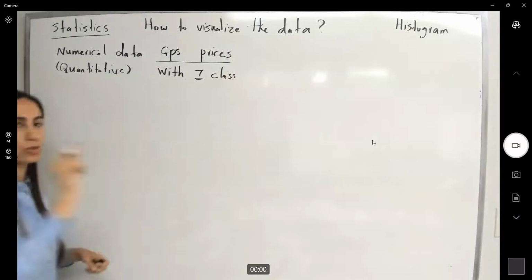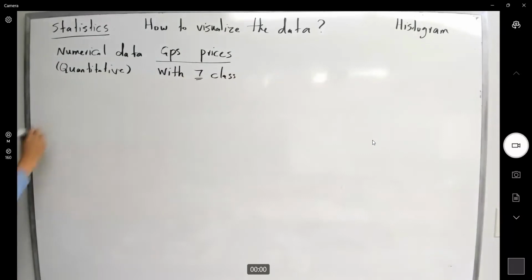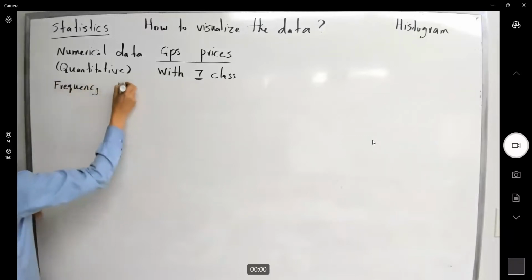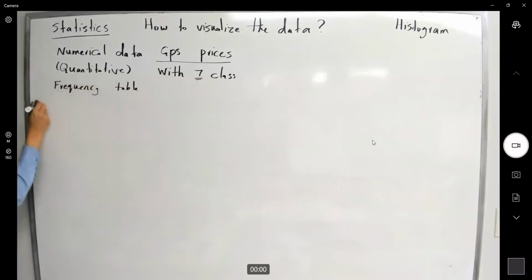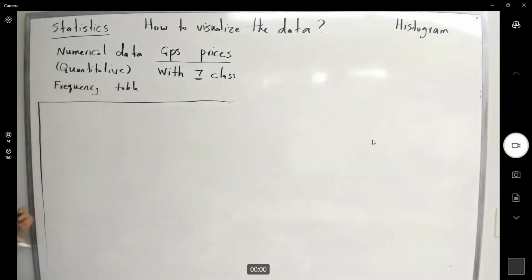The question says you're going to use 7 classes, so we already know we have 7 classes. So let us start forming the frequency table. This table has rows and columns. On the very first column, you're going to have your bins or classes.